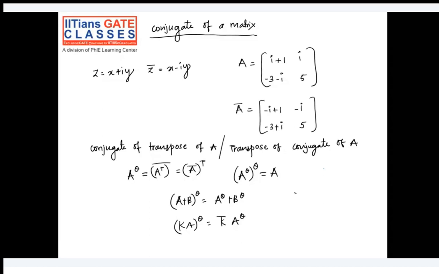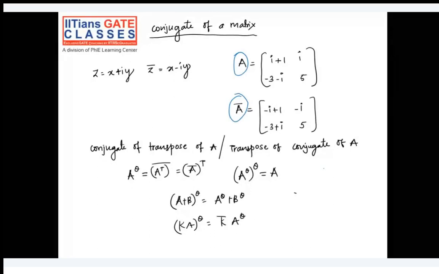So the first thing is transpose, which we have studied, and the second thing we have studied now is the conjugate. We write conjugate by a bar. If the matrix is A, the conjugate of that matrix is A bar. And how do we write the transpose? A raised to the power T, like this.